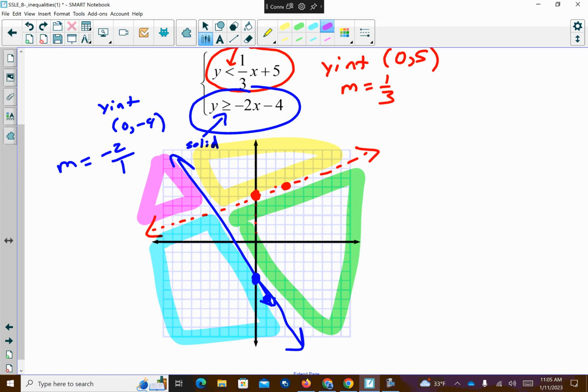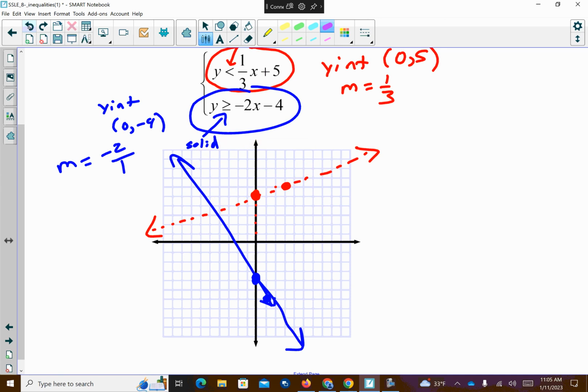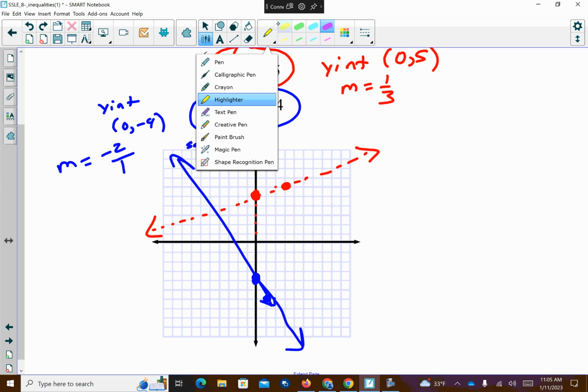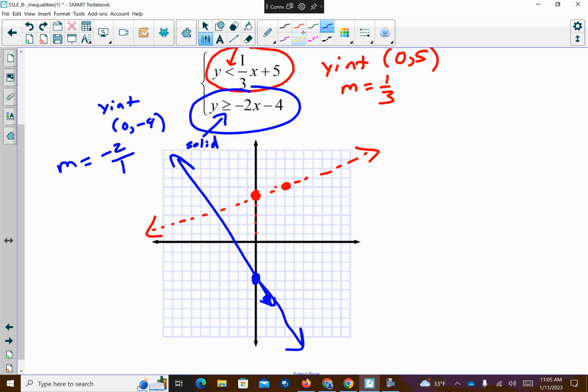Okay. So I'm going to get rid of my highlighted portions. Okay. I need to figure out a test point. So do either of my lines go right through the origin where (0, 0) lives? No. So guess what's a really good test point? (0, 0). Okay.